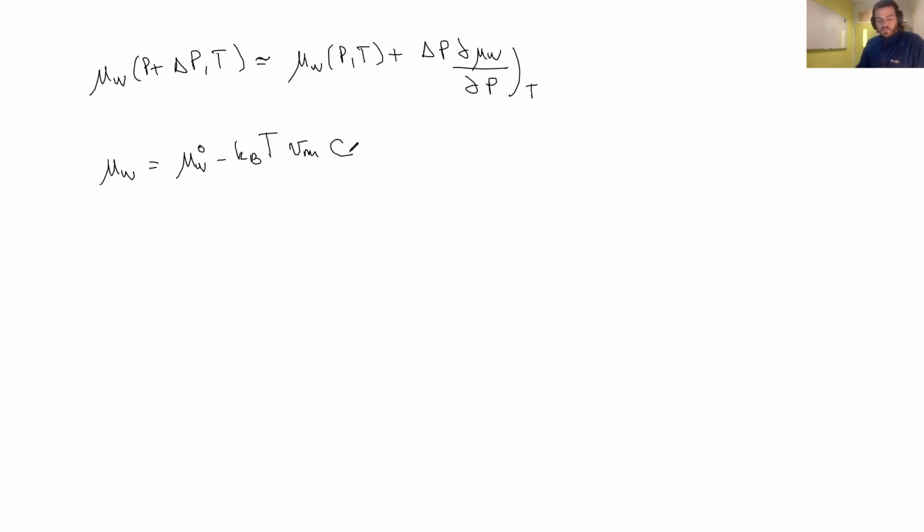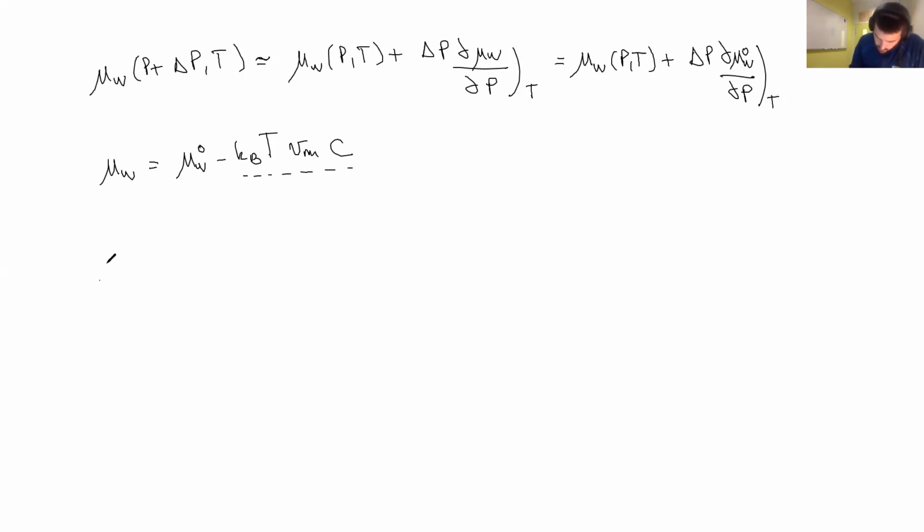Right? Therefore, in fact, this can be rewritten with only the pure chemical potential, mu of water pure, because there is no pressure dependency in this correction. All right?